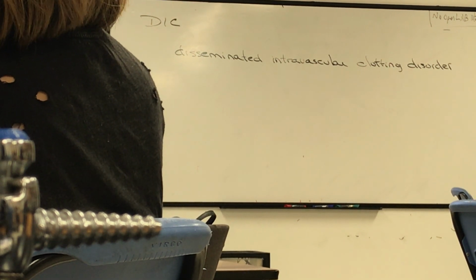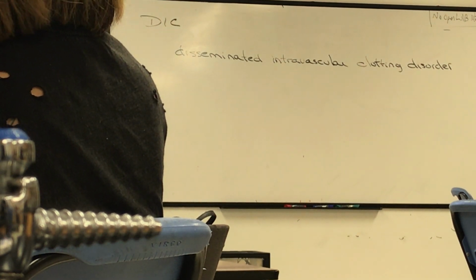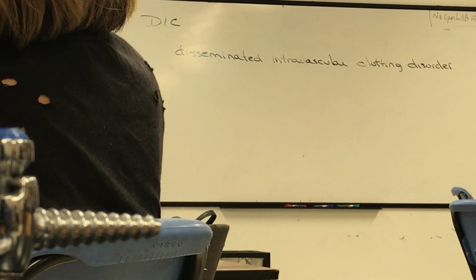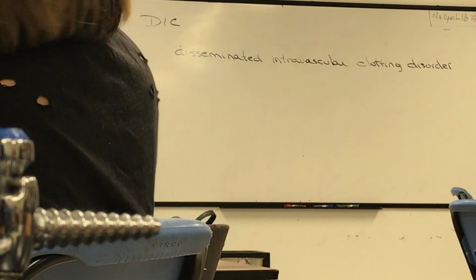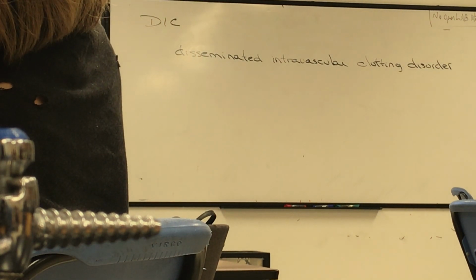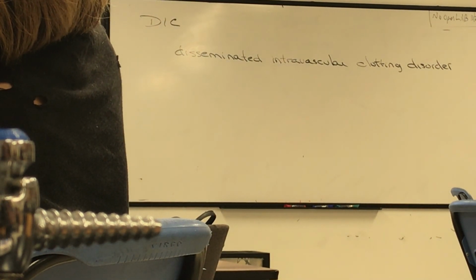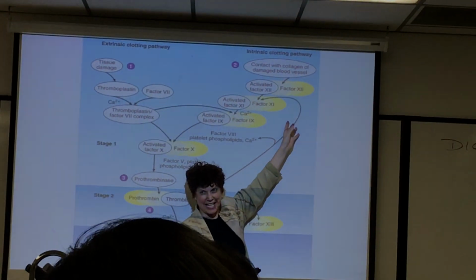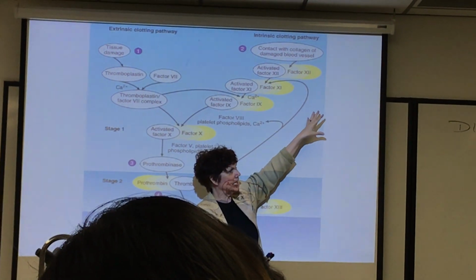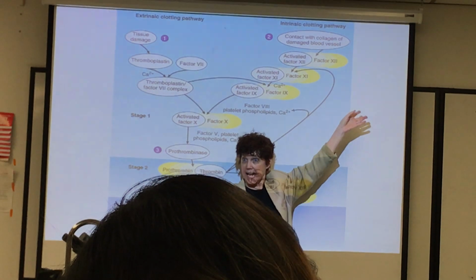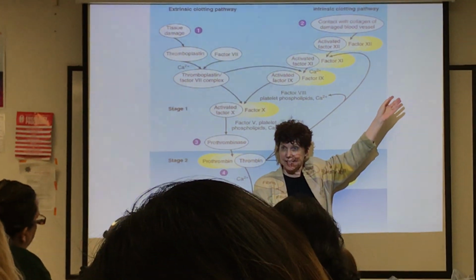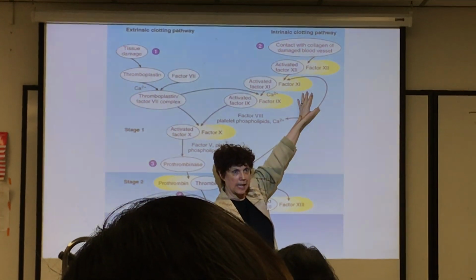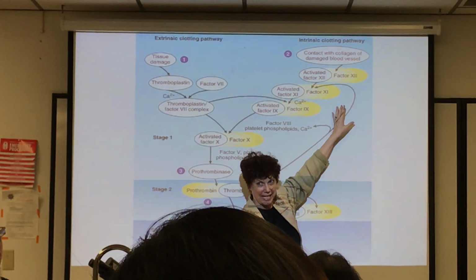So if we go back again to this pathway, extrinsic, we're adding the thromboplastin. Intrinsic, we're activating what's already in the blood. We're not adding anything new. And the collagen on the vessel wall or the negative charges of the glass surface are both activating molecules that are already in the blood.